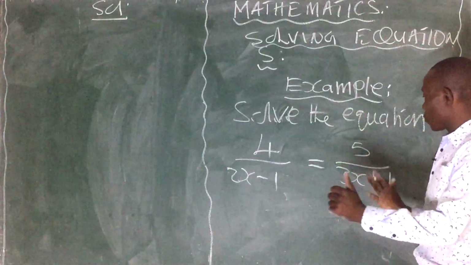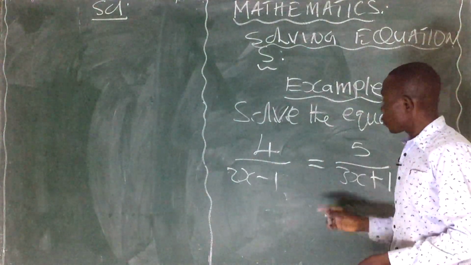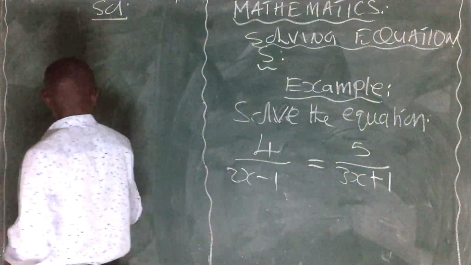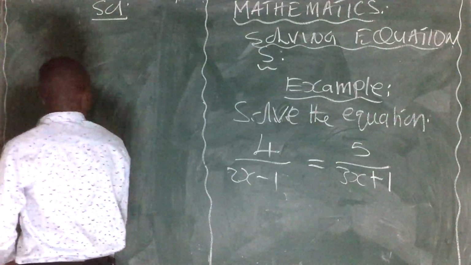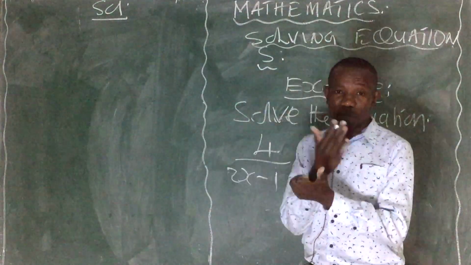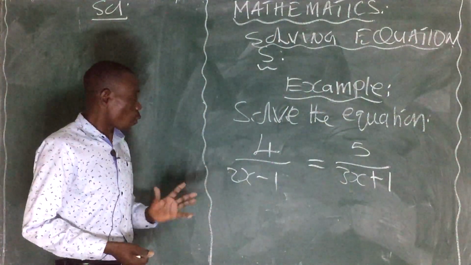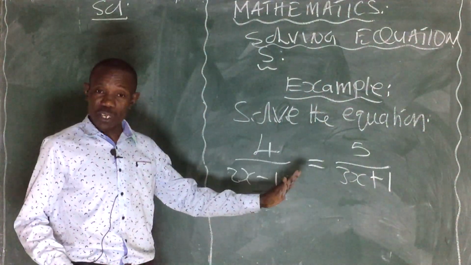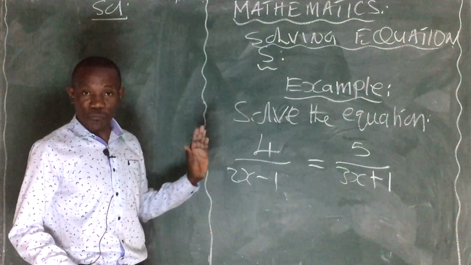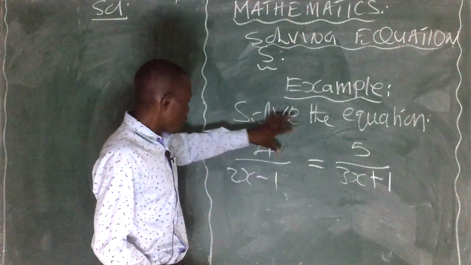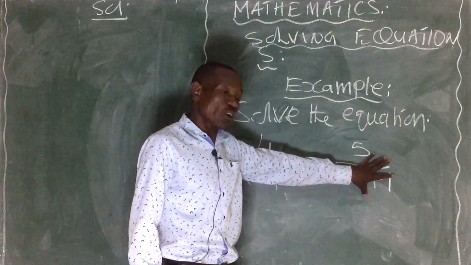So we have single fractions on both sides of the equation. The first method that we can use to handle this is cross multiplication. Make sure this method is used only when you have one fraction on either side of the equation.